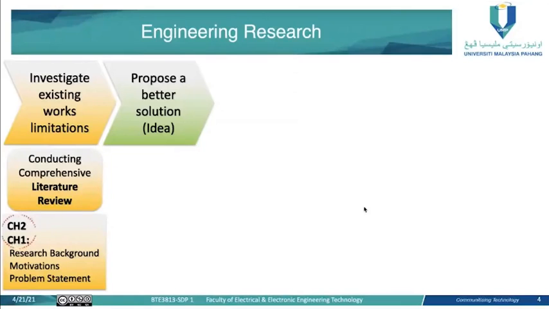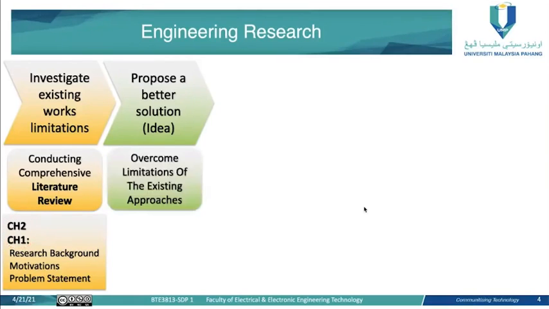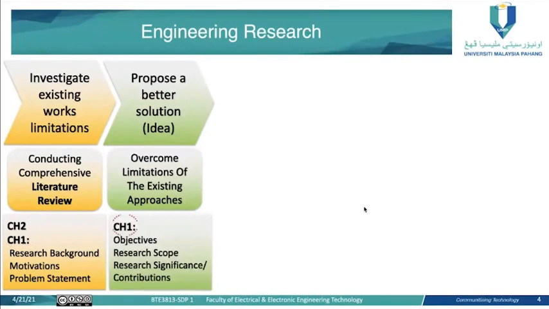When you read the other works, you come out with some ideas, you discuss with your supervisor, then you come out with a finalized idea or finalized solution for your project. Then your solution should overcome the limitation of the existing approach, and you are going to complete your chapter 1 here, which covers objectives, research scope, and research significance or research contributions.